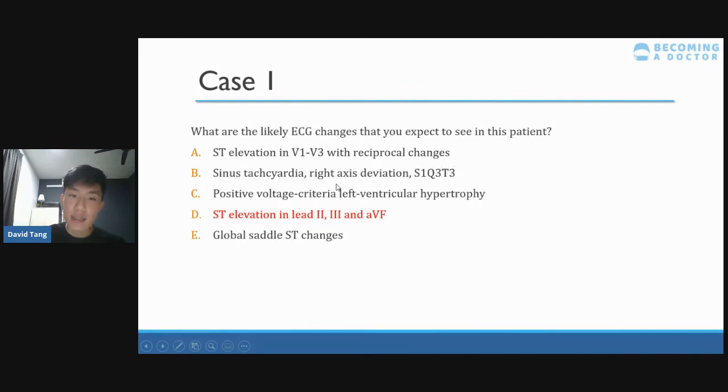Sinus tachycardia, right axis deviation, S1Q3T3 is quite typical of PE, but the most common ECG finding of pulmonary embolism is sinus tachycardia. This is just left ventricular hypertrophy, commonly seen in chronic hypertensive patients. ST elevation in leads 2, 3, aVF signifies that the patient has an inferior myocardial infarct. We will go back to the scenario and discuss why this case is an inferior infarct. And lastly, global saddle changes are typical of pericarditis.